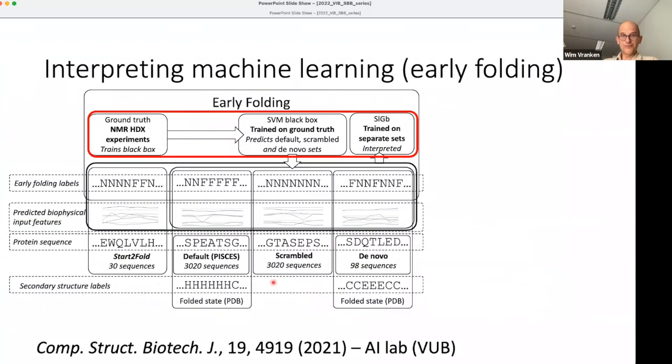Another thing you can do once you have all these machine learning models is do interpretation. And this is with the AI lab here at the VUB. We developed this method where basically we train the black box, so the eFold mine that I talked about. What you do then is you run it on many thousands, hundreds of thousands of sequences, and then you basically train a method on those sequences that you can interpret.